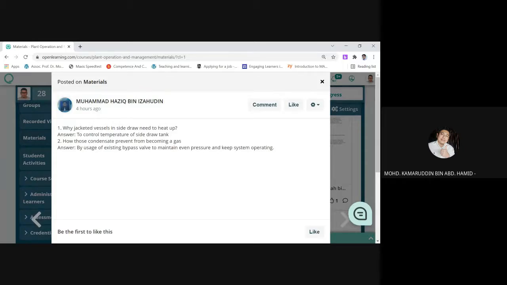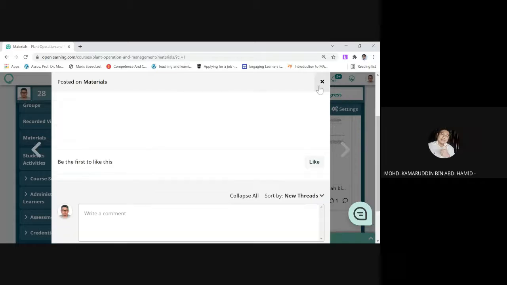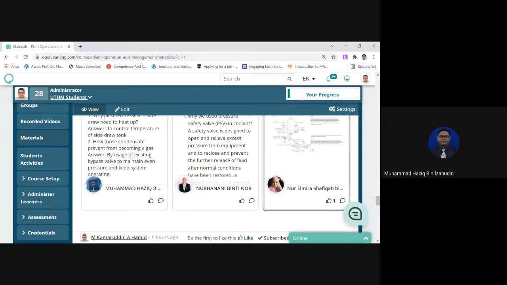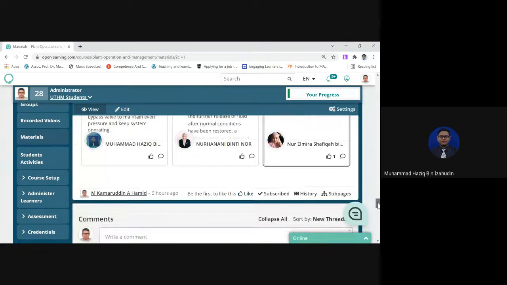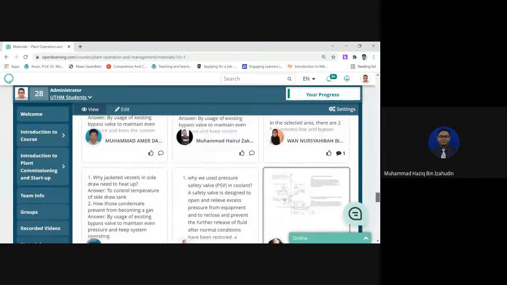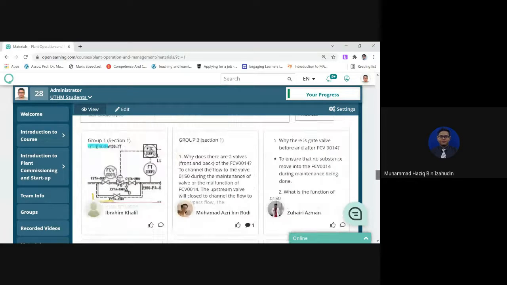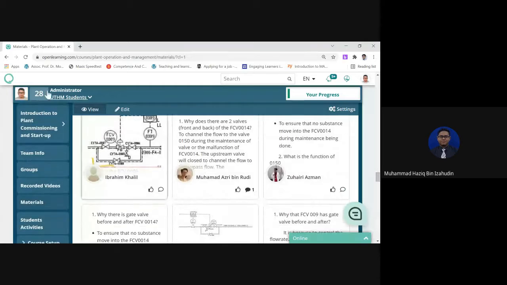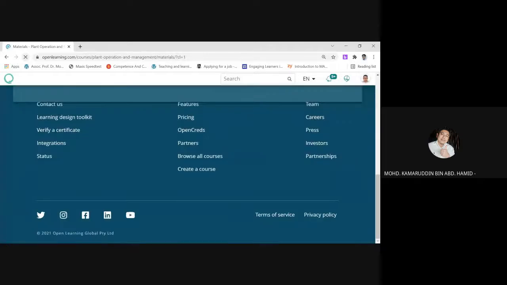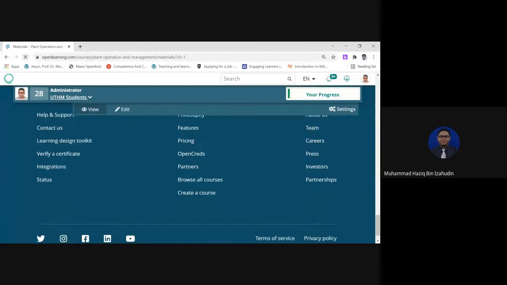Jacketed vessel Haziq, ini yang mana, sama tak dengan tadi? Bukan. Bukan doktor. Lain gambar sikit. Mana gambar ni? Gambar dekat bawah. Tak ada pun. Ni dekat komen. Atas gambar tau. Saya buat hantar tadi.